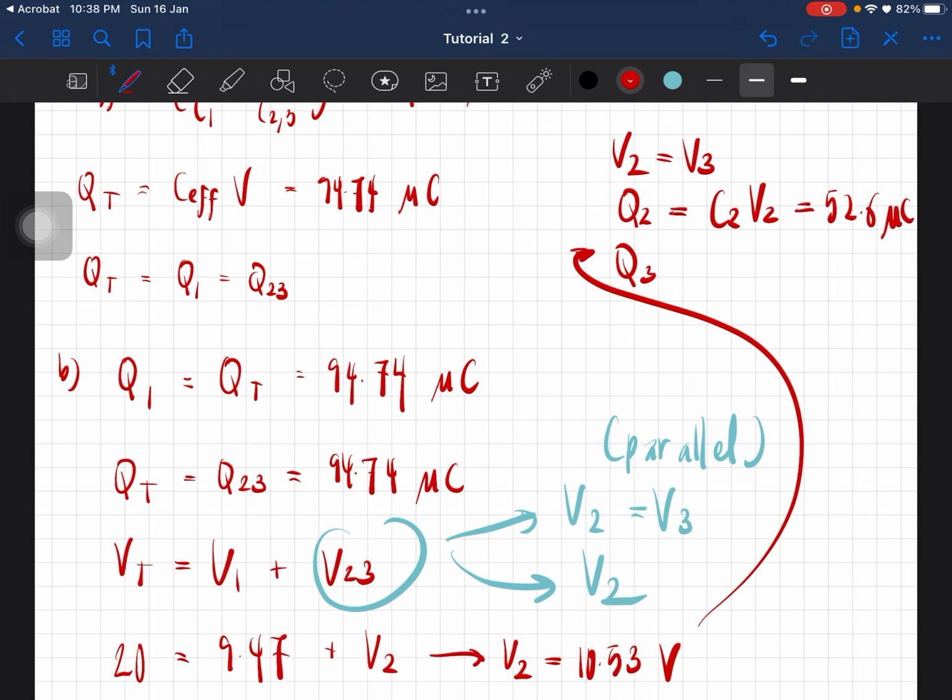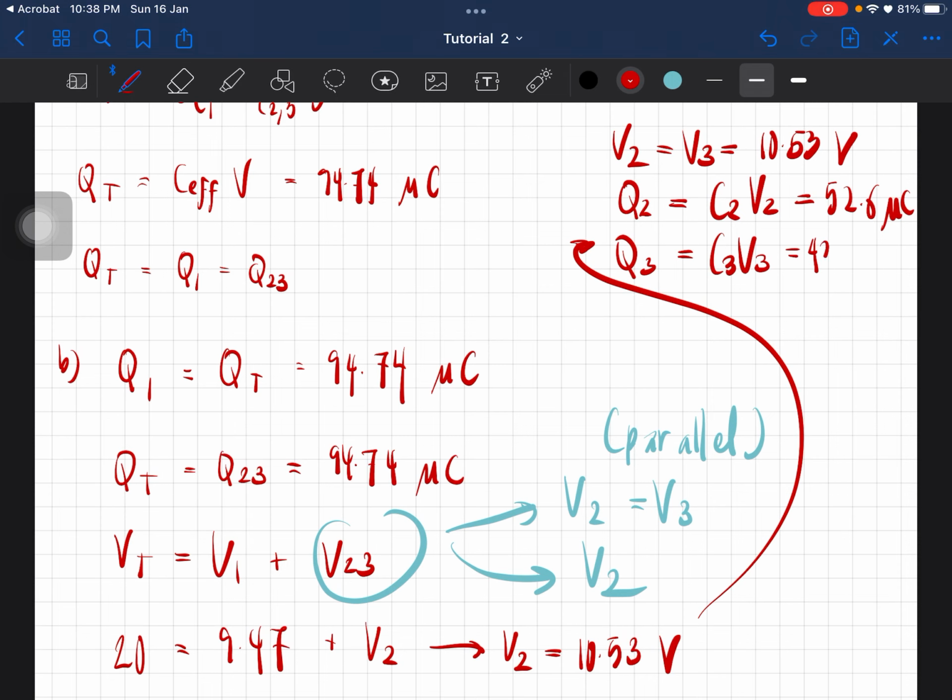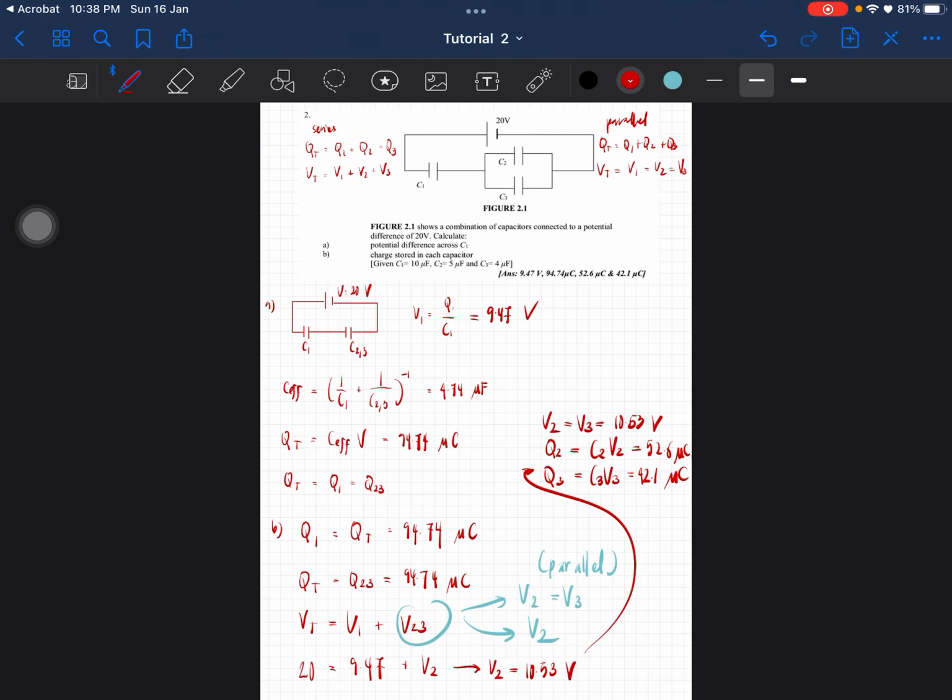Okay, do the same thing for Q3: C3 V3, where V3 is equal to 10.53 volt. You should then get 42.1 microcoulomb. Right. So that is the solution for question number 2 in your tutorial questions.